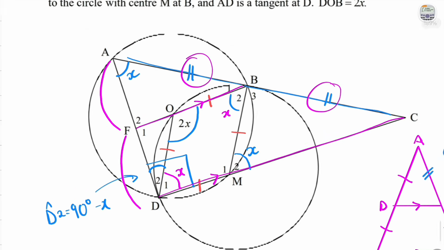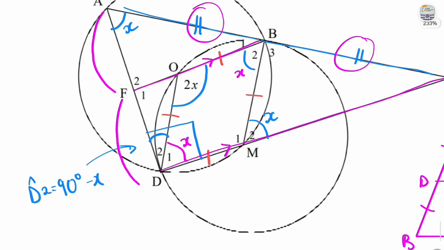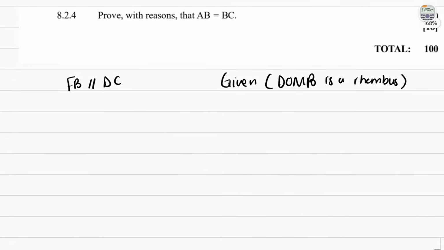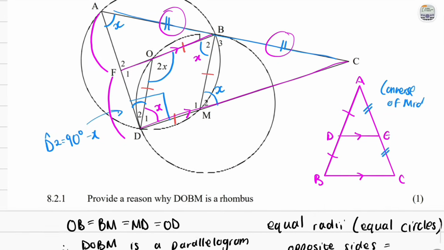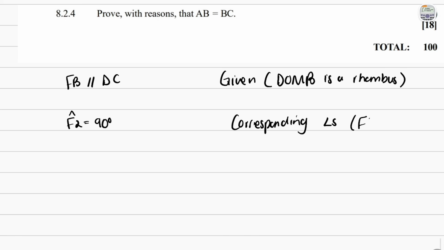So angle F2 is equal to 90 degrees because of corresponding angles. I mean, you could have also said angle F1 because of co-interior, but it doesn't matter. So let's go ahead and say F2 is 90 degrees. Okay, corresponding angles, and the lines that were parallel were those two lines. FB was parallel to DC.